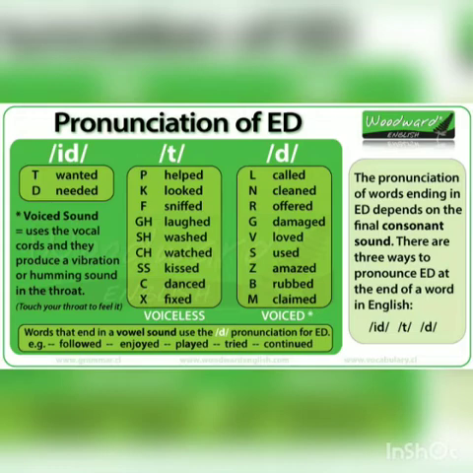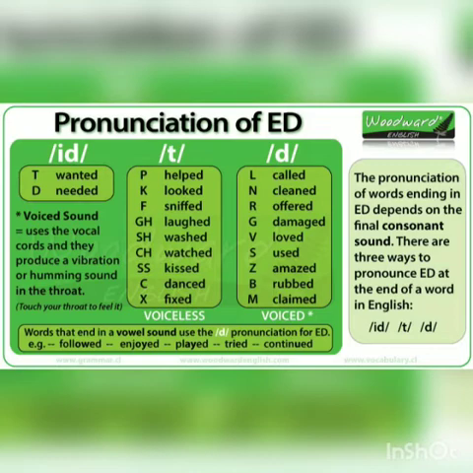The sh letters here are pronounced like sh, so in the verb wash, it becomes washed. The ch is pronounced ch, so the verb watch becomes watched. I pronounce the ed as a t sound. The next one is the verb kiss, which becomes kissed.